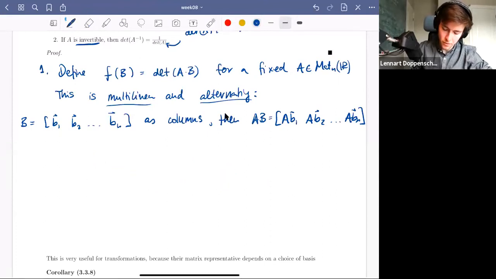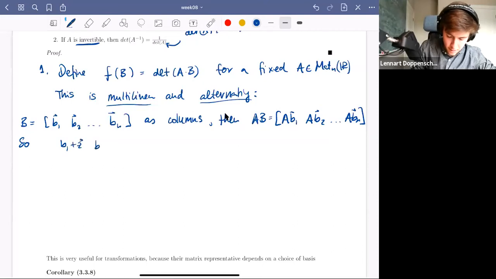But now observe that if we have a matrix, say, B1 plus Z, B2, B3, and so on, let's call this matrix B prime.